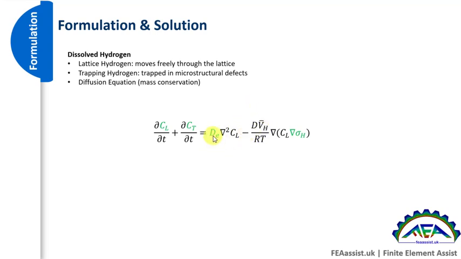So this is the effective diffusion coefficient, which is a function of the diffusion coefficient and the trap site density: how many trapping sites we have, how many dislocations, how many grain boundaries, how many carbides.